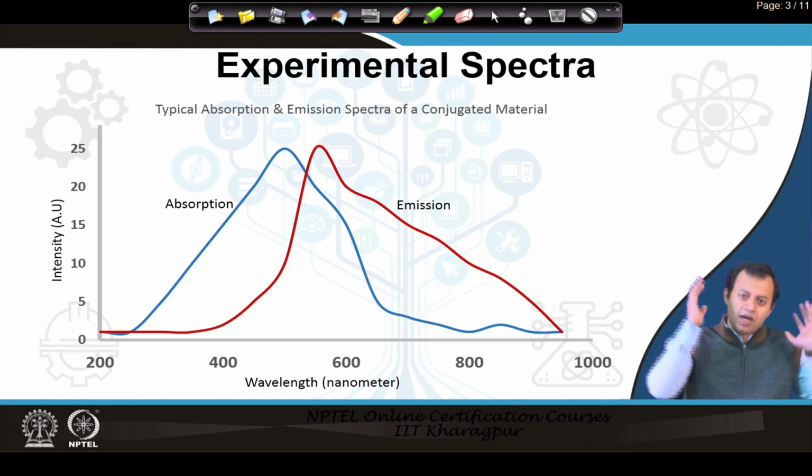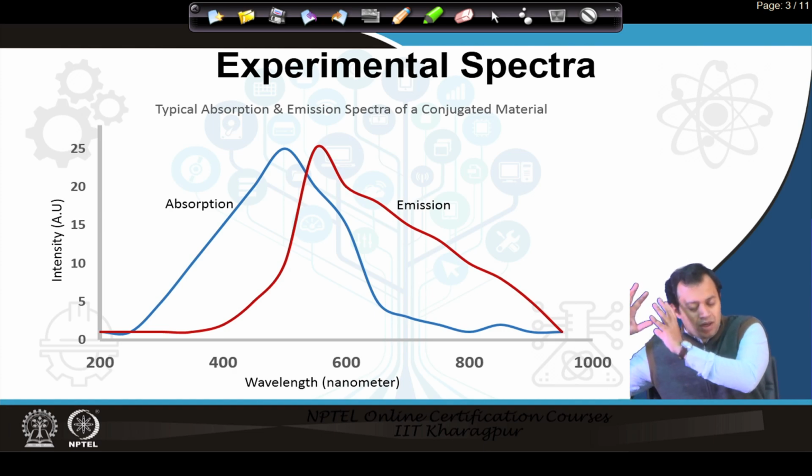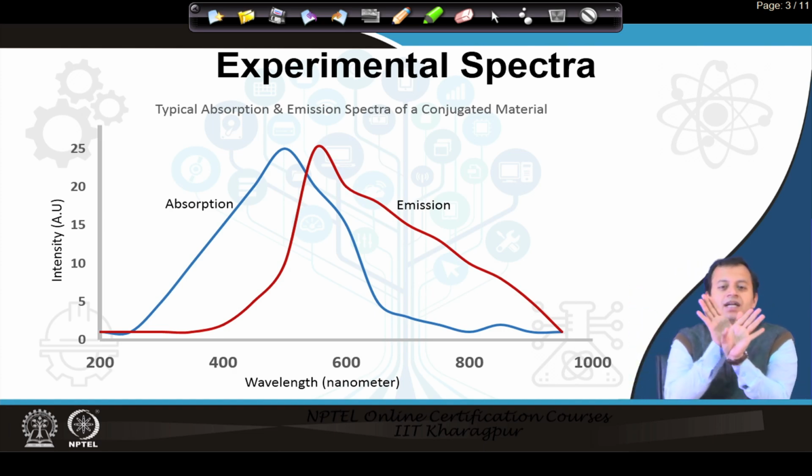Usually we send a bunch of photons and we get a bunch of photons emitted. They are at different wavelengths from one another. Some of them may overlap, some of them will not overlap.